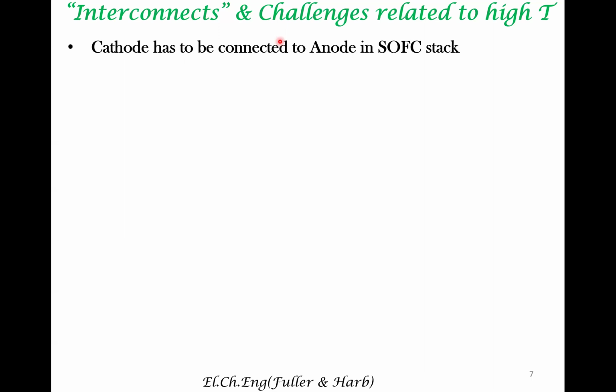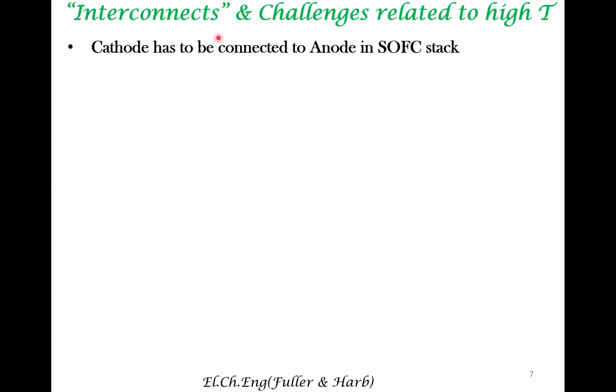The design of an SOFC stack will be dealt with in a future lecture. But the main point we are trying to address here is that there are certain constraints associated with the materials that are used for connecting the cathode with the anode.